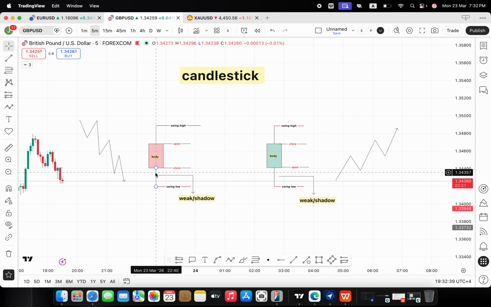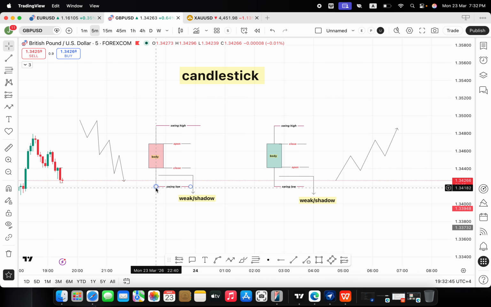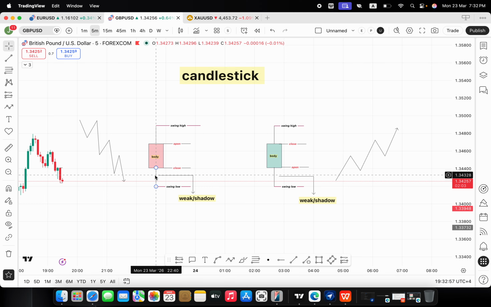So for you to know if this price is still going to trend high, there must be what? A candlestick rejection. This rejection shows you that the bull and the bear are struggling to take control. They are fighting to know who is going to do what? Take control. This is why you see that it is called wick.